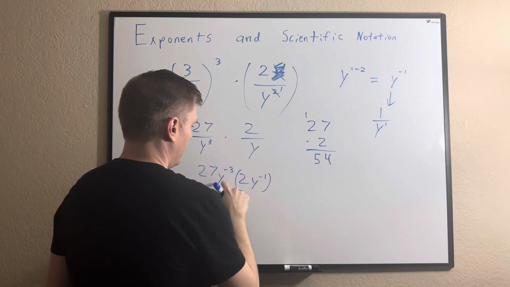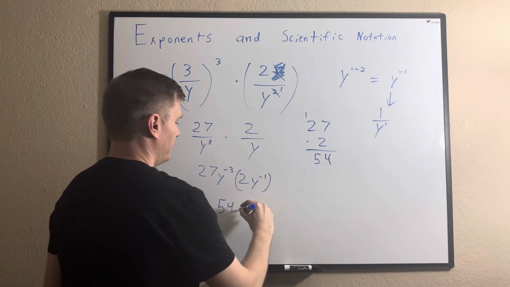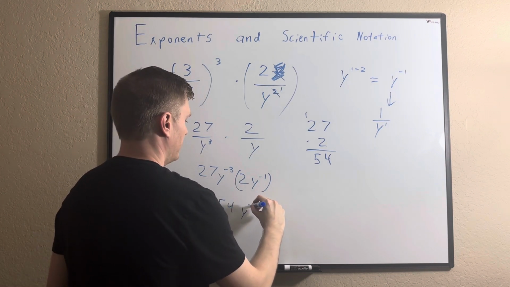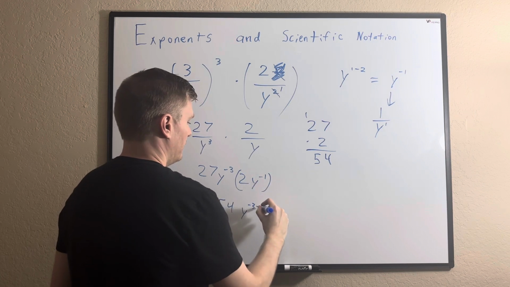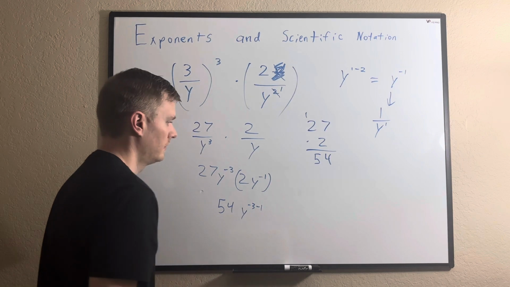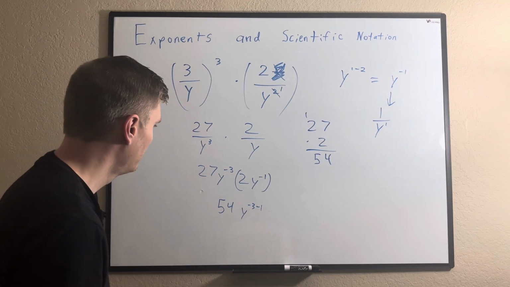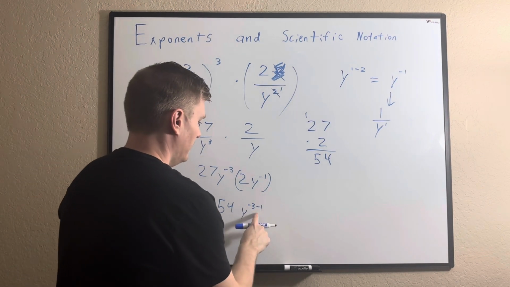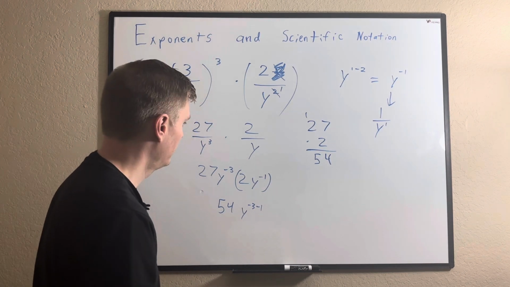54y to the negative 3 times y to the negative 1. Negative 3 minus 1.